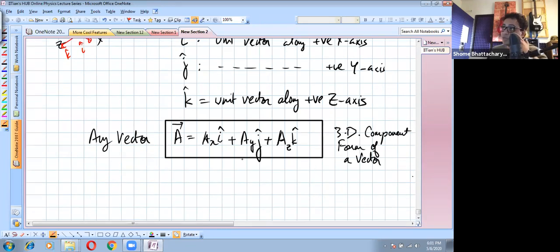So just with the 2-dimensional system that we had originally, now we just add one more component, which is along the Z axis.